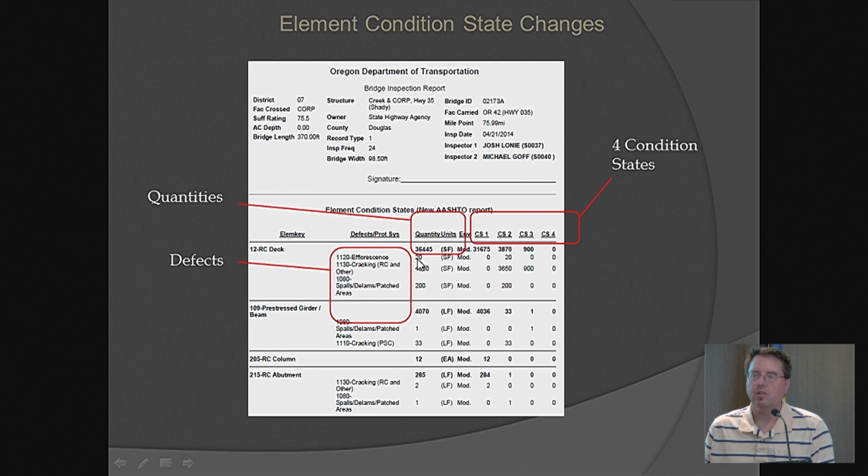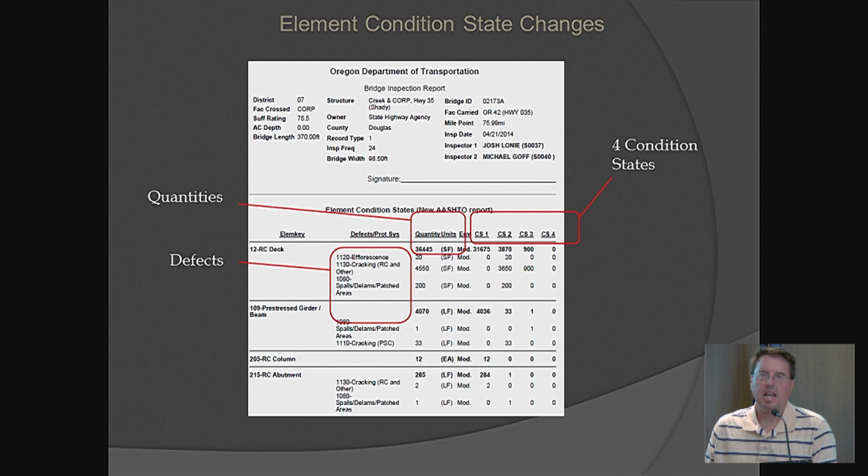Those quantities for the defects are going to add up to match the total in the parent element quantity. The exception is going to be if you have a protective coating system or an asphalt wearing system.